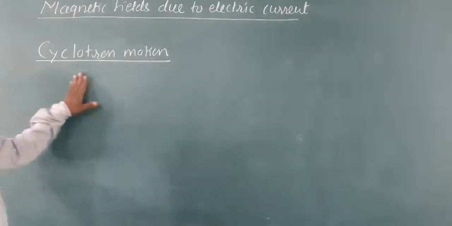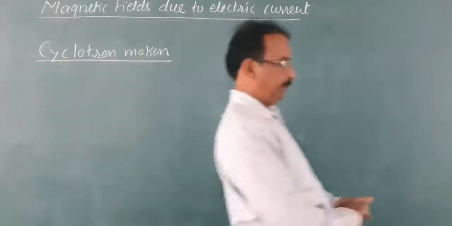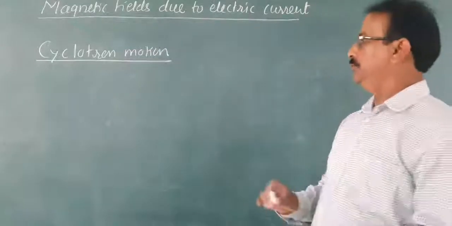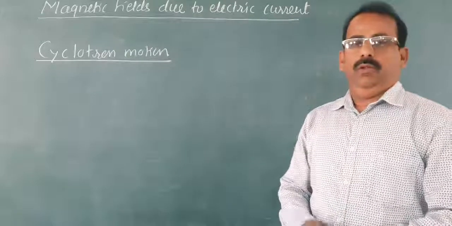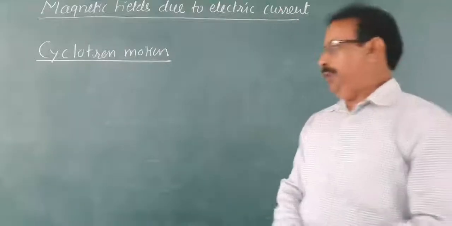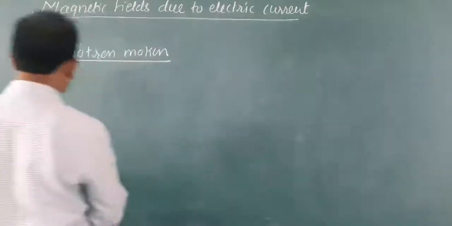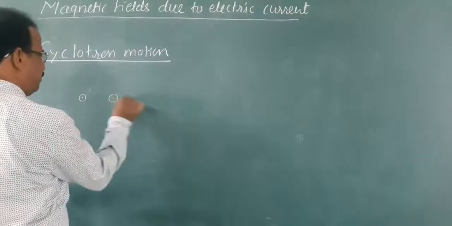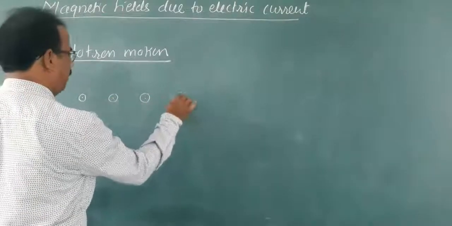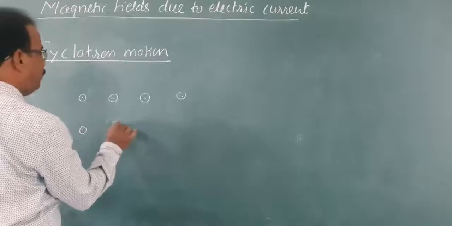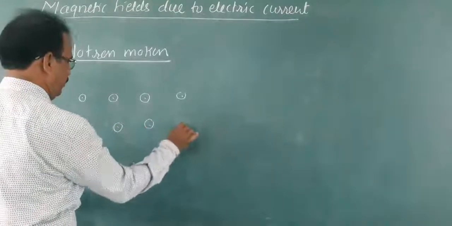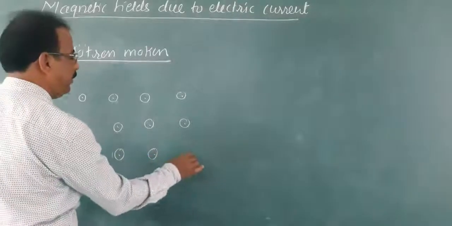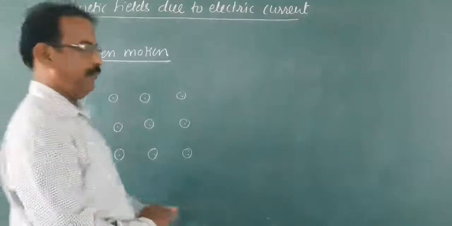See, what is this cyclotron motion? Consider a uniform magnetic field. Suppose that the direction of this magnetic field is perpendicular to the plane of paper and outward.